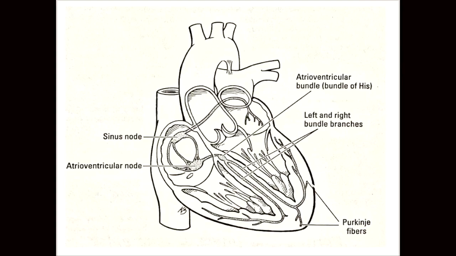So, dear, what is this SA node? You see a small knot of cardiac muscle-like tissue located on the back wall of the right atrium, near where the superior vena cava enters the heart.